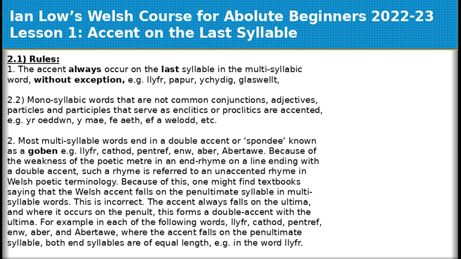However, if you have a couplet where the first line ends with the rhythm of a spondee or goben, that is to say, two equal syllables such as llyfr or cathod or pentref with the d rhythm, and you have the second line ending with a tada, so the tada in the second line rhyming with the d in the preceding line is regarded as a weak accented rhyme or an unaccented rhyme.